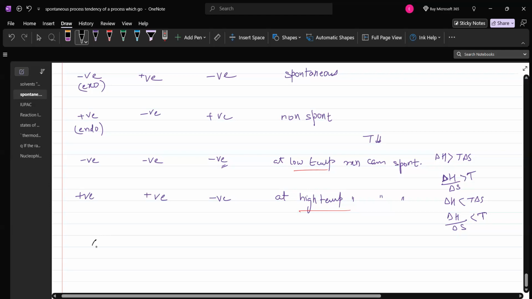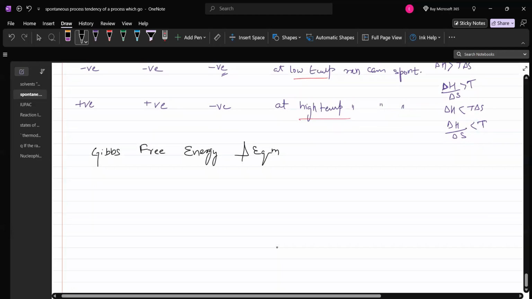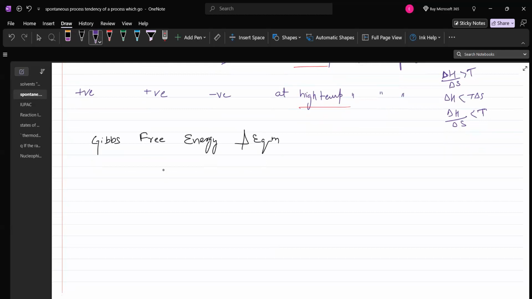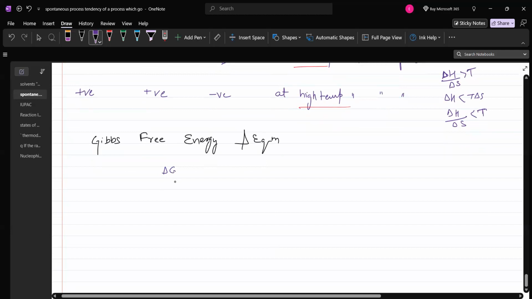So the topic is Gibbs free energy and equilibrium. You will get a feeling of equilibrium in the equilibrium chapter. However, you have to know the formulas which are involved in this. The formula is a mathematical formula. You have to understand it.